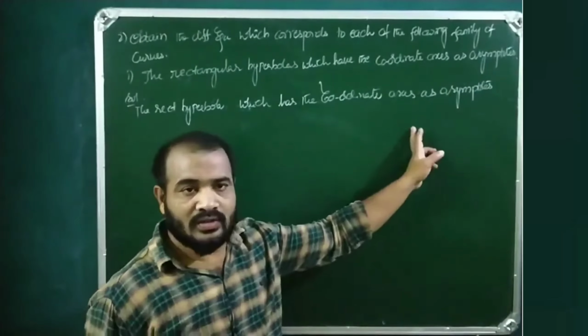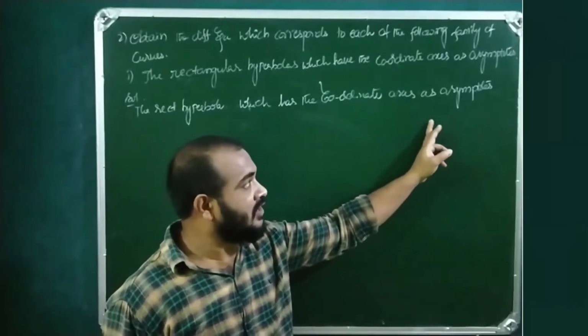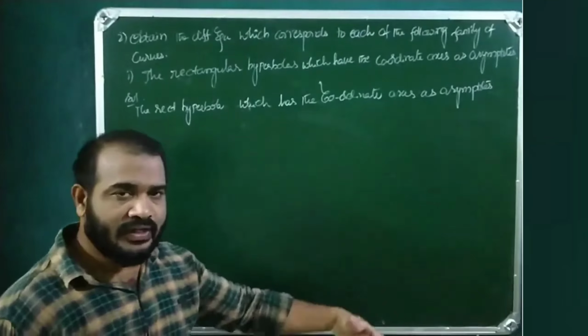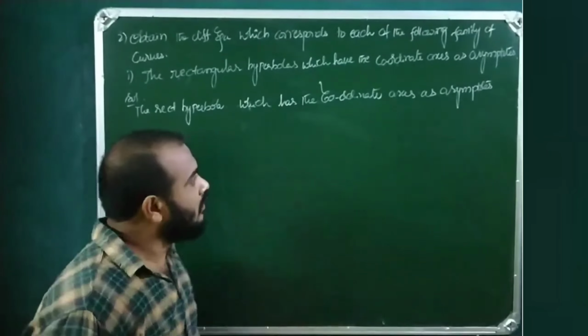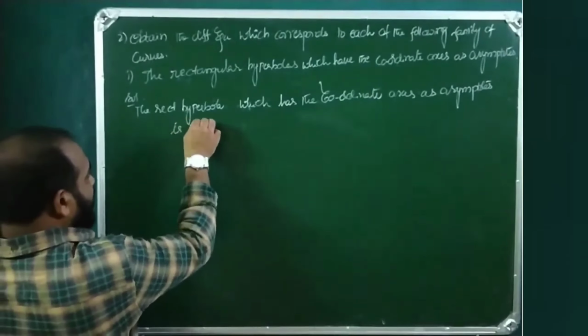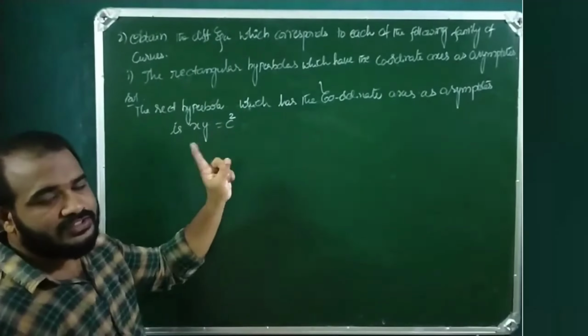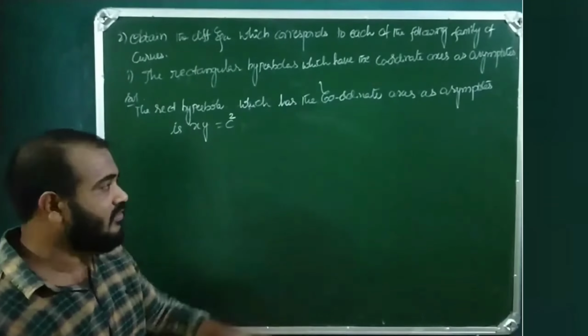What is an asymptote? The tangent which touches the hyperbola at infinity, which we will discuss later, is xy = c square. Since it contains only one arbitrary constant, we need to differentiate it once.